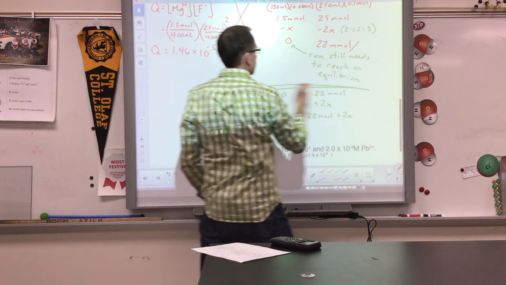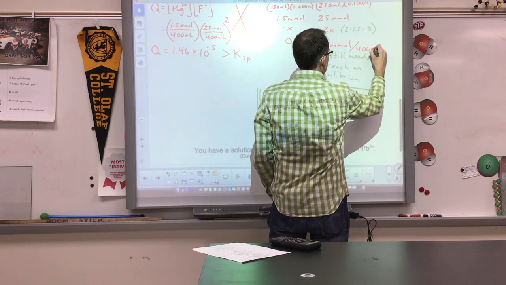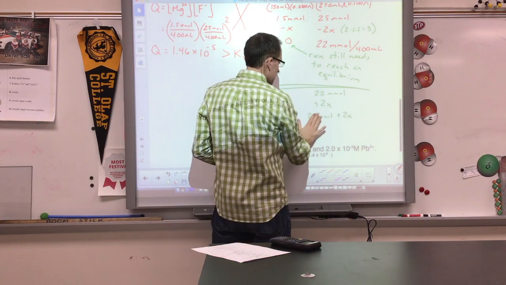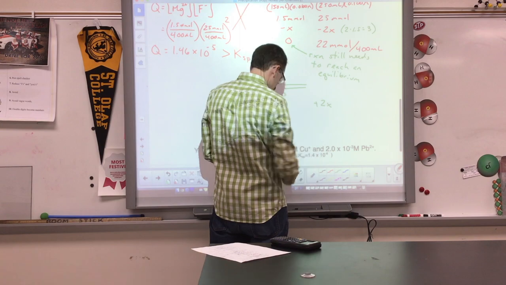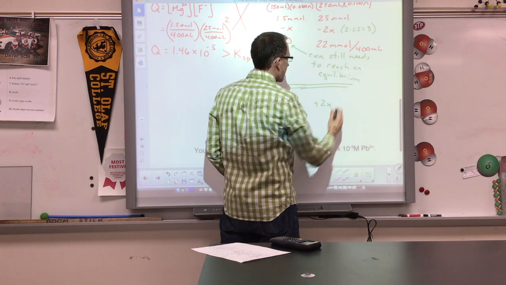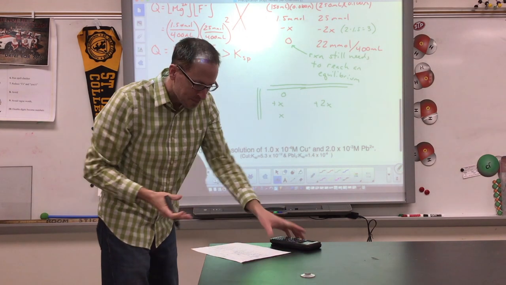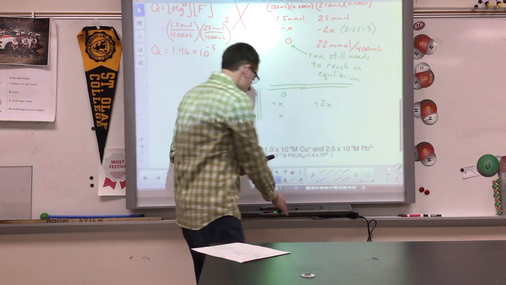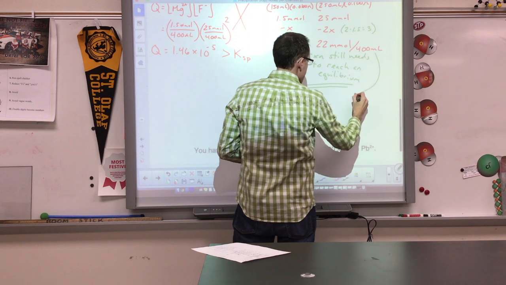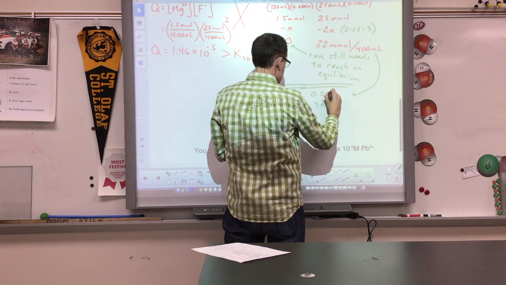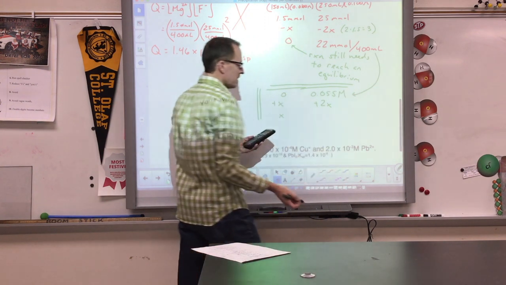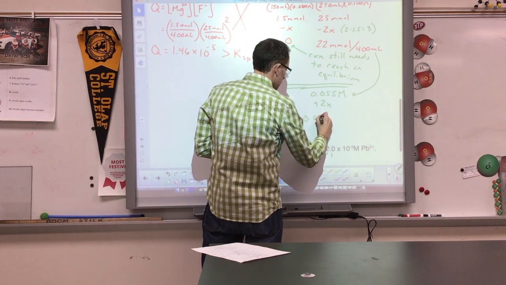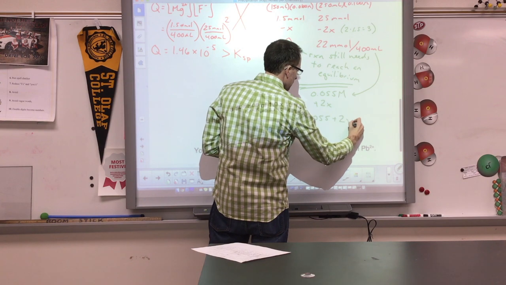We have 400 milliliters right there, so that becomes a different number. Let's fix that, because we're going to need it anyway. You cannot have that in any other way. I get 0.055 molar, okay? So now I have 0.055 plus 2x.